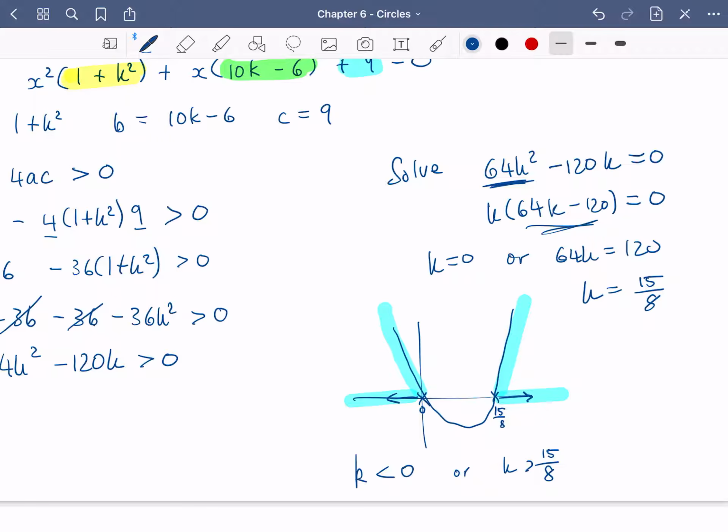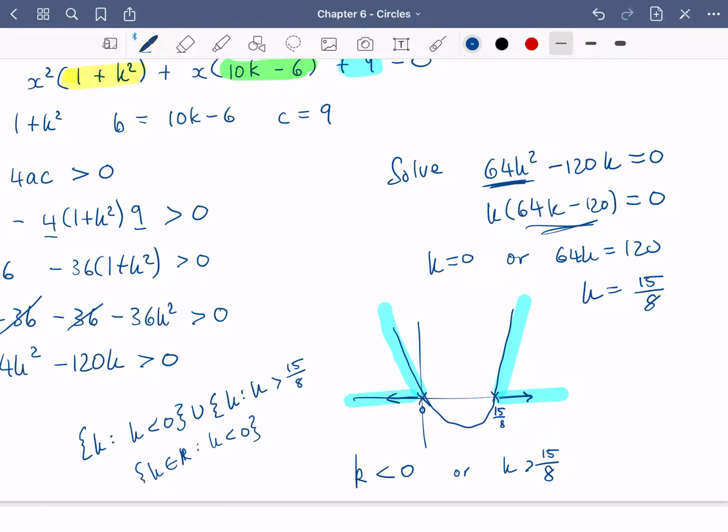Now remember, they might ask you to do that in set notation, in which case you would be saying something like k such that k is less than 0, or k such that k is greater than 15 over 8. Sometimes we say k is a real number such that k is less than 0.